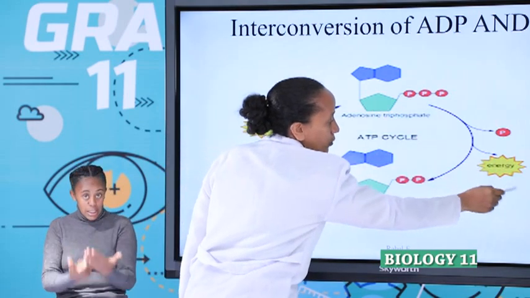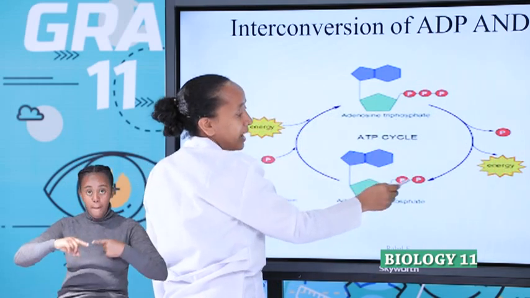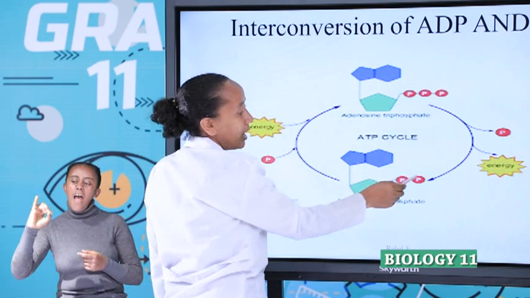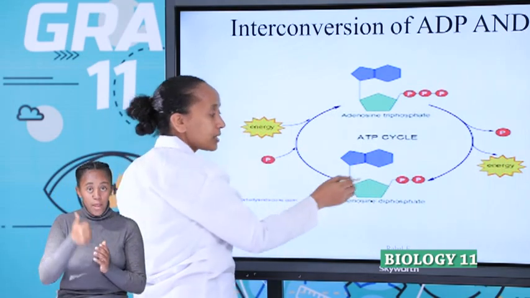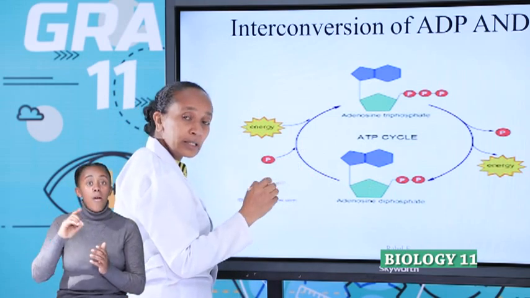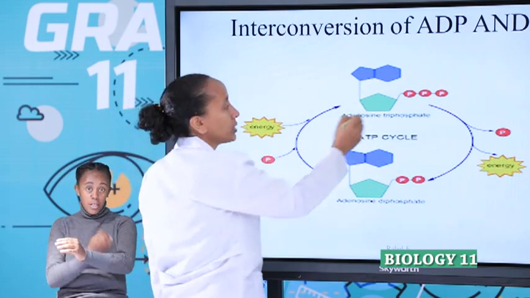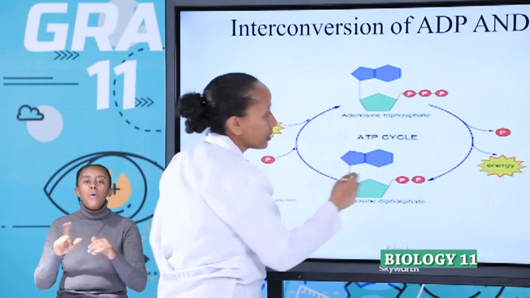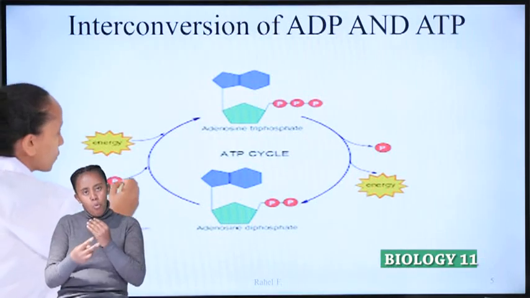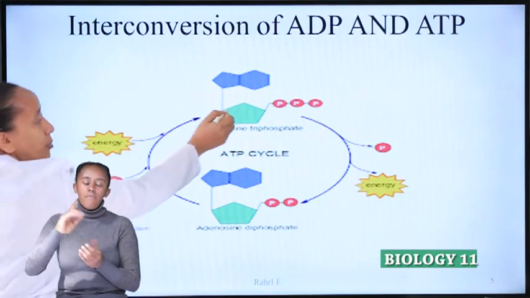This energy will be used by cells, and the molecule becomes adenosine diphosphate, which means having two phosphates on the molecule. This adenosine diphosphate is a molecule with less energy compared with that of ATP. So what will happen when cells store energy? A phosphate group will be added to adenosine diphosphate to form ATP.